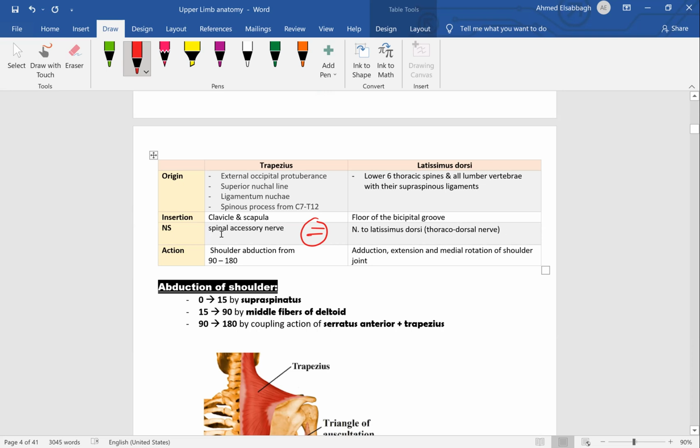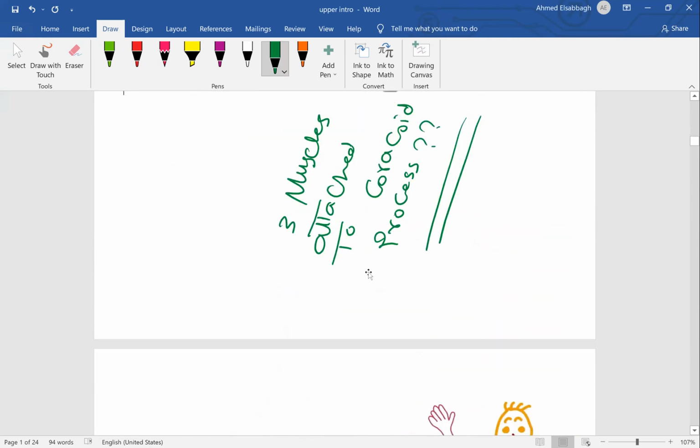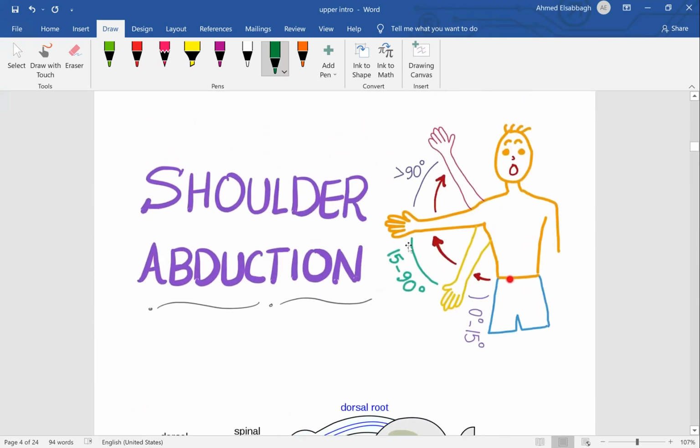Now the final point in these muscles, which is the action. Before demonstrating the action of each one, we want to look at this picture. This is the shoulder abduction grades. Shoulder abduction is not a single movement. It is a complex movement divided into three grades, 1, 2, 3, and each grade is controlled by a single muscle.